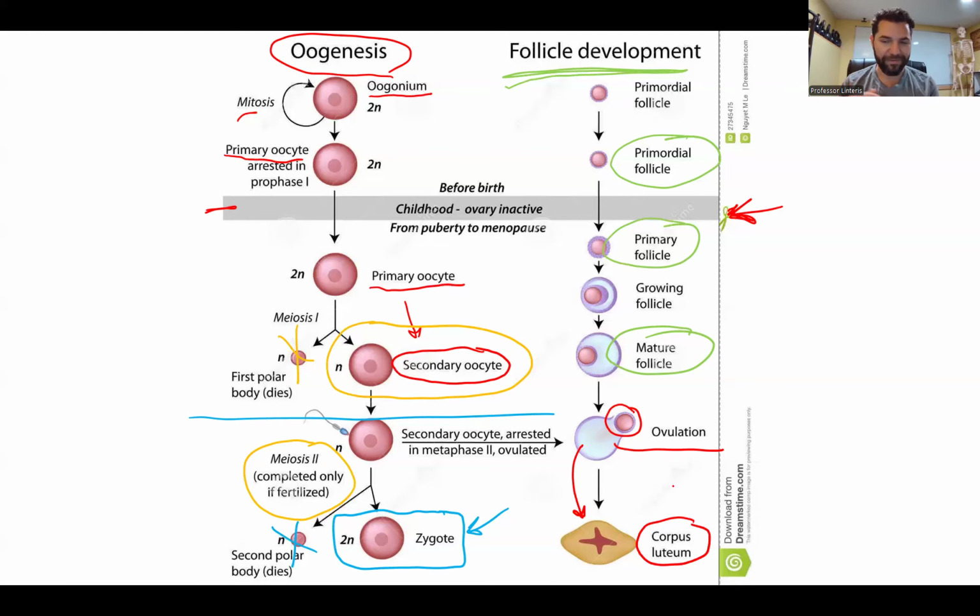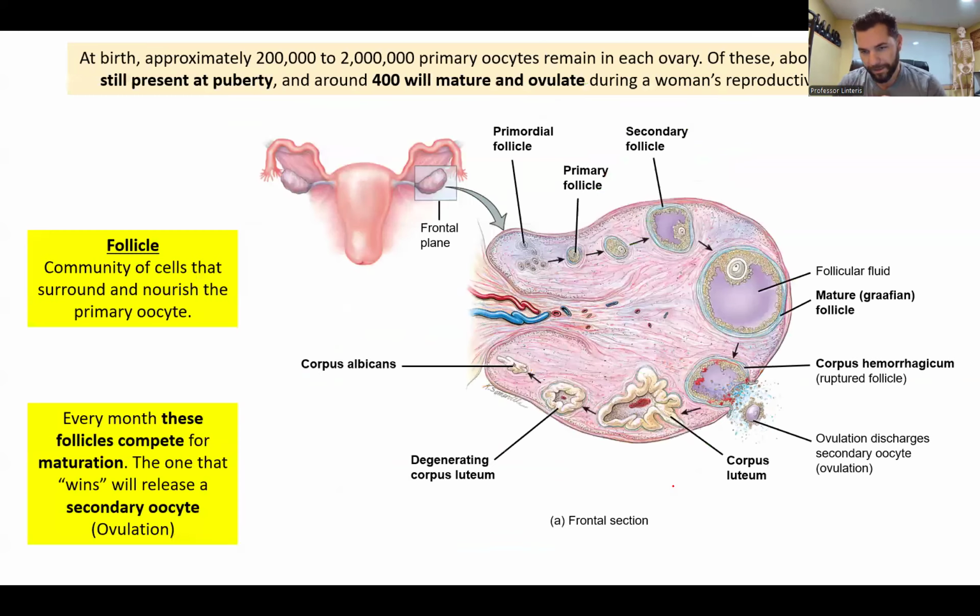So the big picture here is the difference between oogenesis, the one cell, versus follicular development, which is not only that cell but all of its buddies around it. As stated, the follicle is that community of cells. At the top, we have a lot of primary oocytes upon birth.